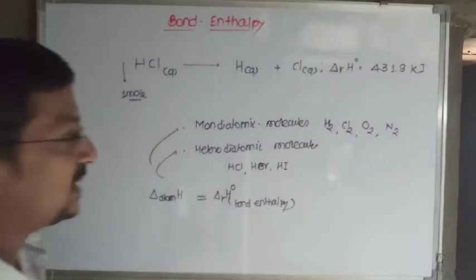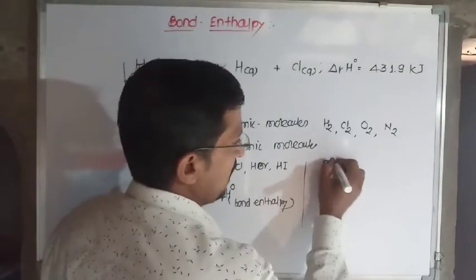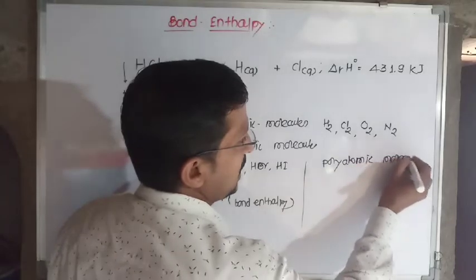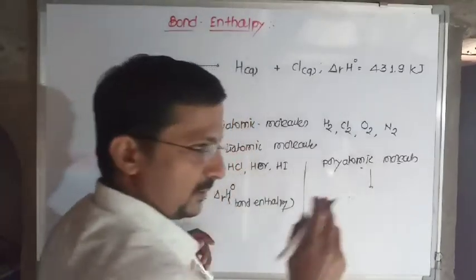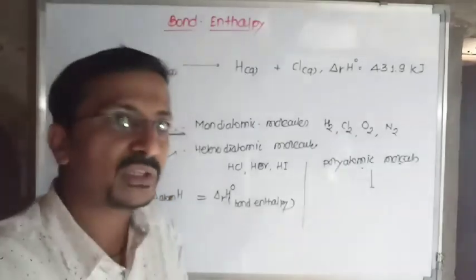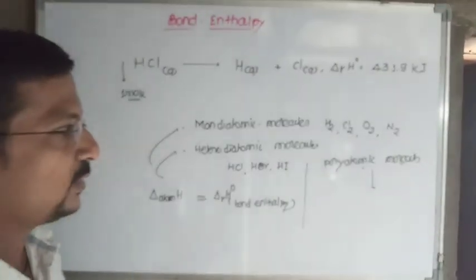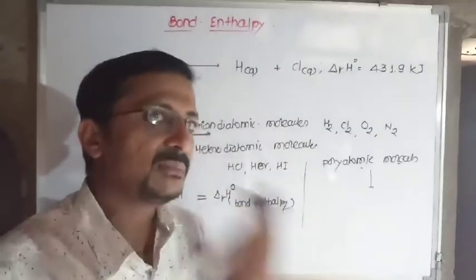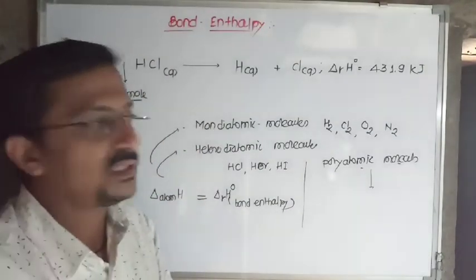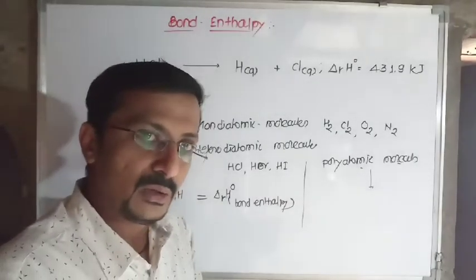Now the question arises in the case of polyatomic molecules. In polyatomic molecules, the number of atoms is more than 2, so the number of covalent bonds present is also more than 2.